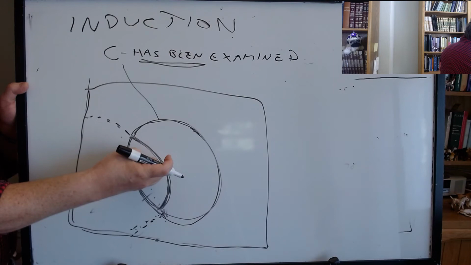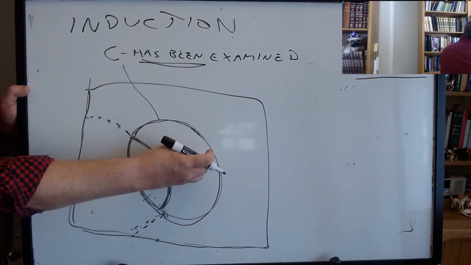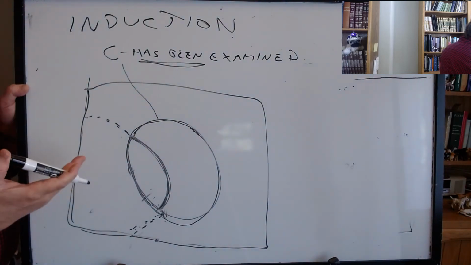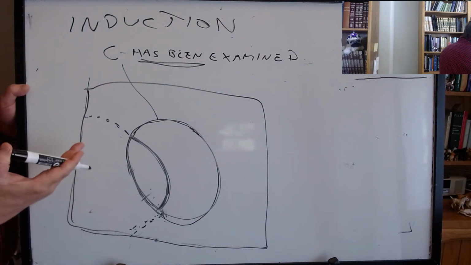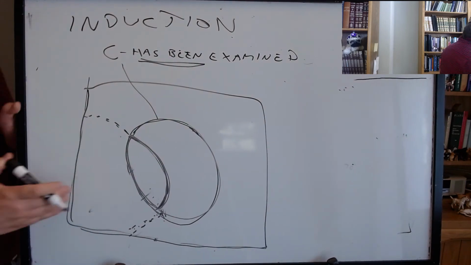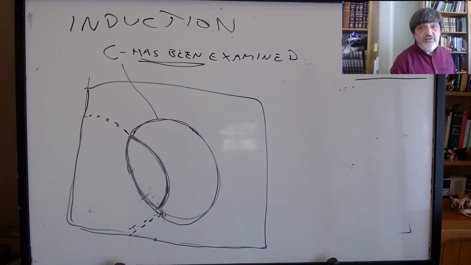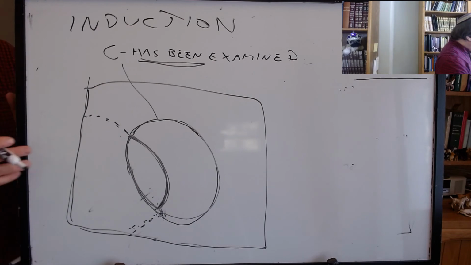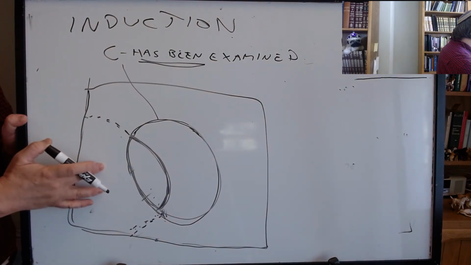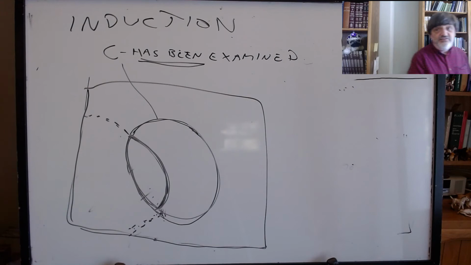So in drawing this line here, trying to project the difference between has been examined and found to bend, and has been examined and found not to bend outside the circle, the interesting part is that we're dividing all the things that will be examined in the future into those that will be found to bend and those that won't.